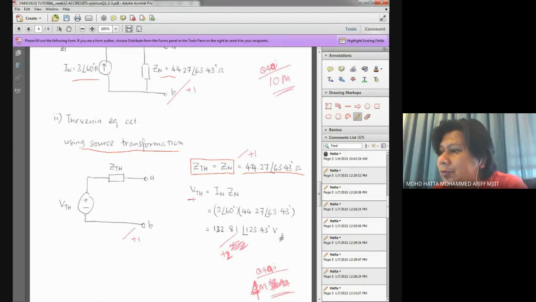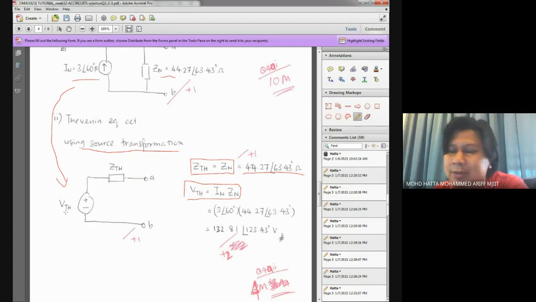However, for VTH, we need to use source transformation. From the current source representation, we convert into a voltage source representation, which is basically a Thevenin equivalent circuit. We just use this equation where VTH equals IN times the value of our Norton impedance.